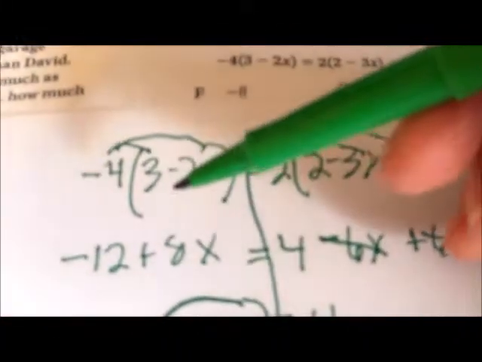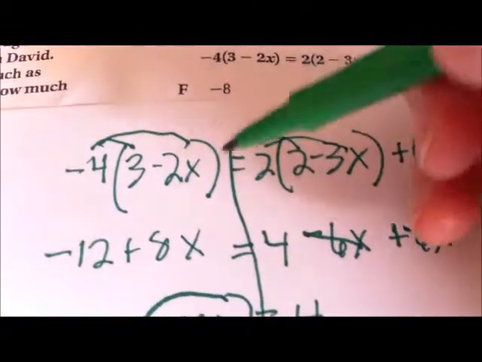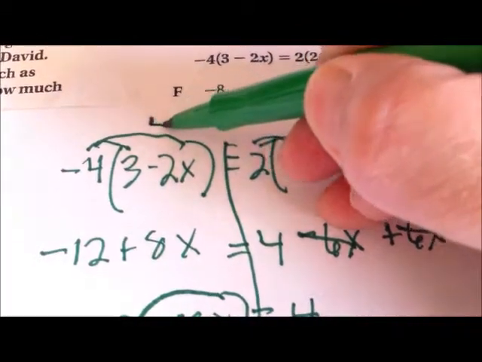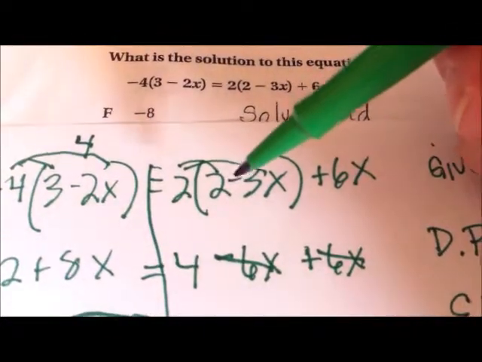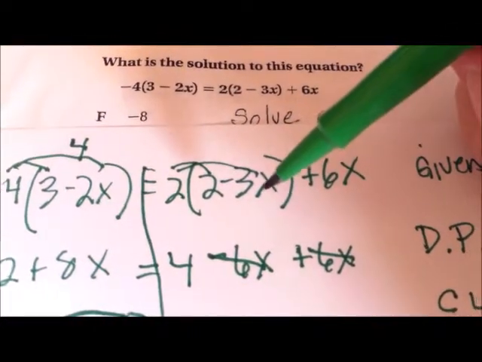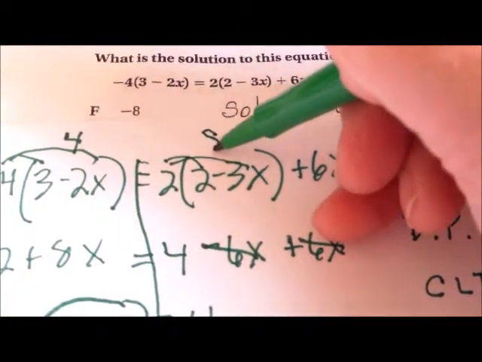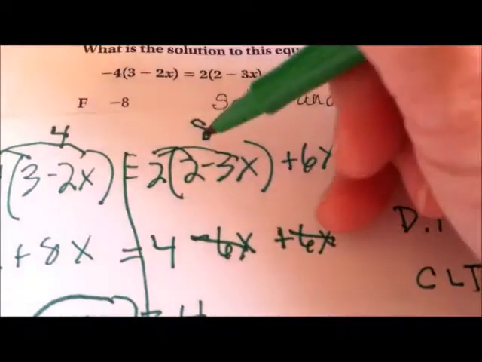So if x is 2, let's go back here. 3 minus 2 times 2 would be 3 minus 4, which would be negative 1. Negative 1 times negative 4 would be 4. And if x is 2, then this would be 2 minus 6, which would be negative 4 times 2 is 8, negative 8.